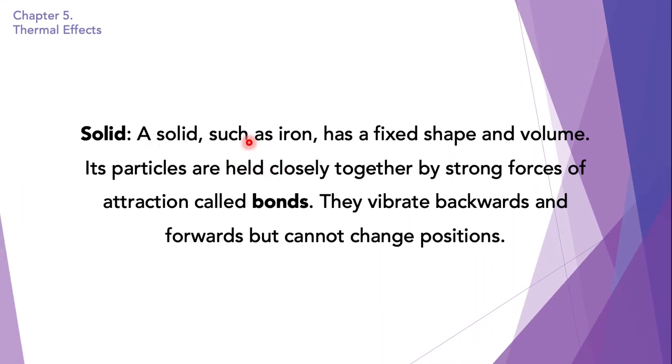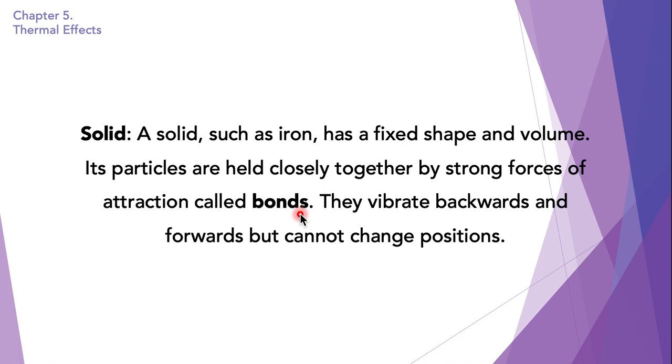A solid such as iron has a fixed shape and volume, and its particles are held closely together by strong forces of attraction called bonds. These are chemical bonds. Like in the previous chapter, we were reading about the chemical energy that is inside these bonds.